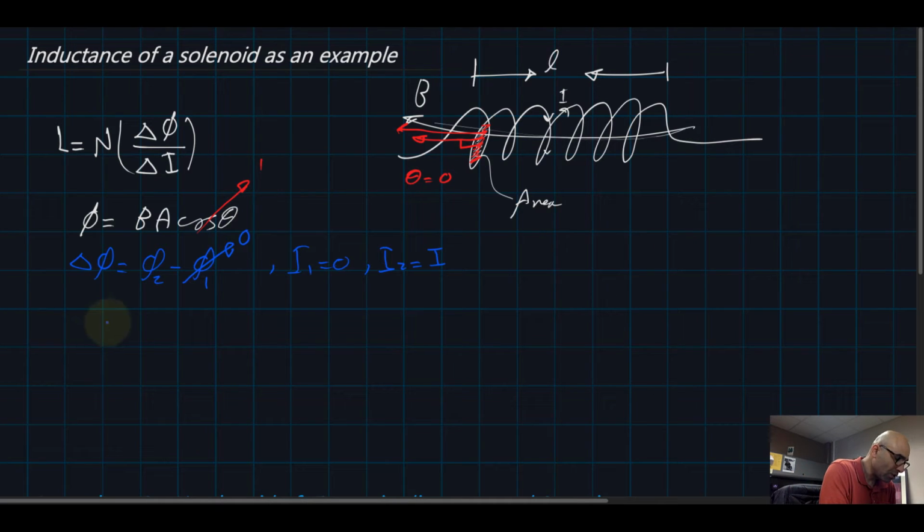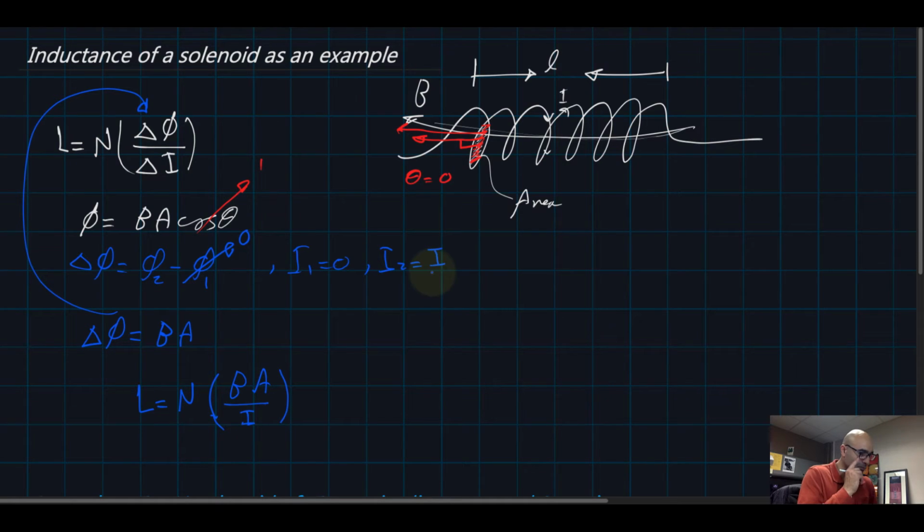So delta phi ends up as phi 2, which is BA. Now we plug that information in: L is equal to N delta phi, which is BA, divided by I, because that's what we end up with.